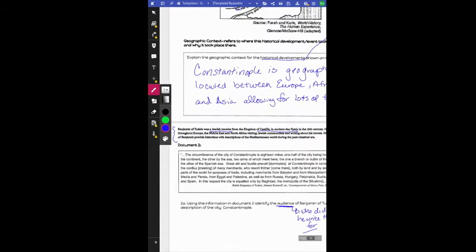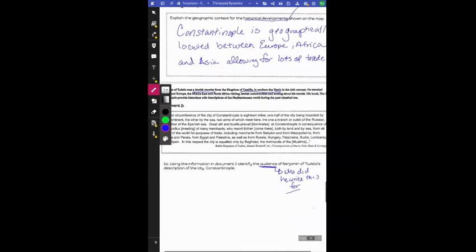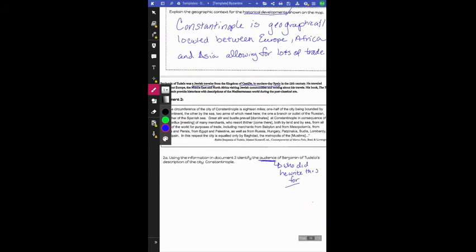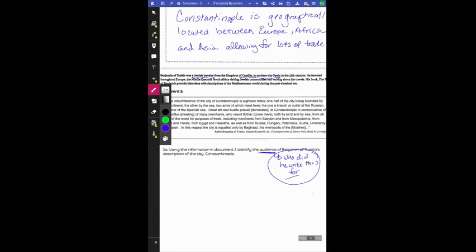So once again, using the information in the document, identify the audience of Benjamin of Tudela's description. Remember, this is what we are asking ourselves: who did he write this for? So Benjamin of Tudela wrote this for future Jewish travelers or communities.